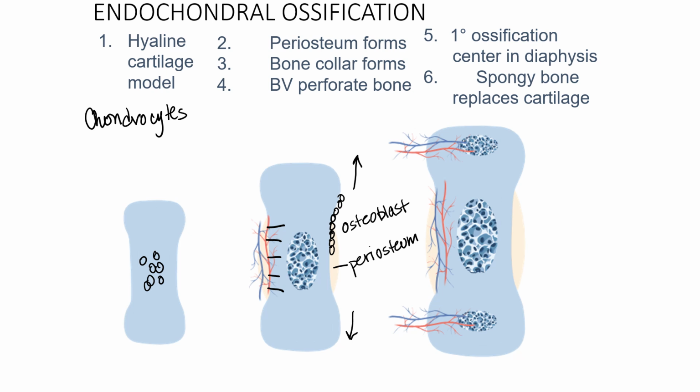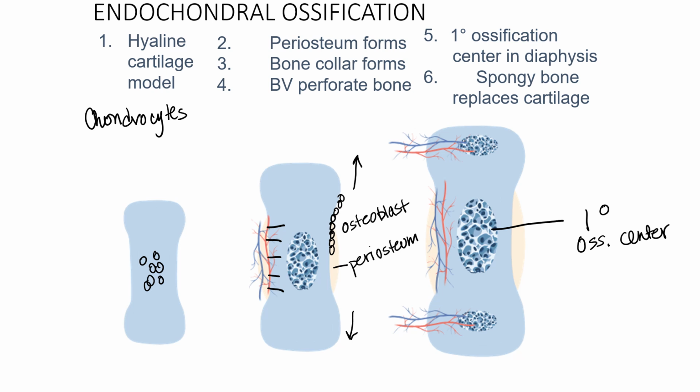When the blood vessels finally vascularize the center of the diaphysis, we have our first ossification center, and that's what this is, the primary ossification center. At this ossification center, osteoblasts, fully fed by blood vessels, are secreting osteoid, and the matrix of the bone is becoming mineralized with calcium.